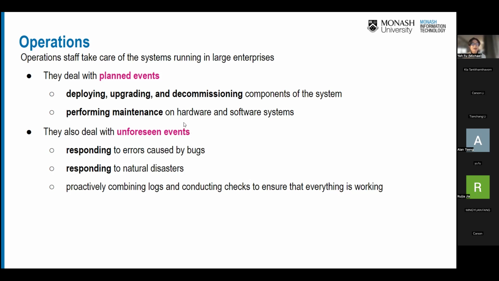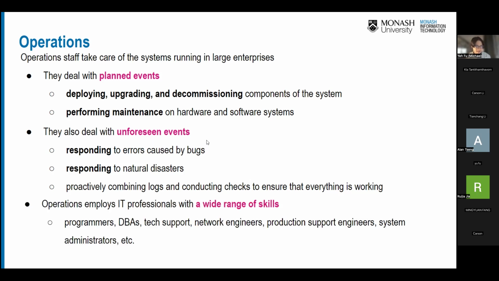During that time, the operations staff needed to tackle this unforeseen blue screen event and solve the problem as soon as possible for the customer. That's a really typical example of the unforeseen events.